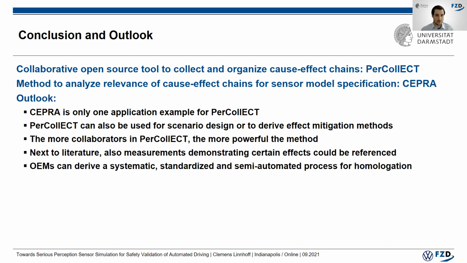PerCollECT can be used for a variety of different applications. For example, you can use it for scenario design to consider sensor effects early on in the virtual validation process. And you can also get away from the virtual world and use PerCollECT to derive effect mitigation methods for real-world systems. And of course, the more people collaborate on PerCollECT, the more powerful this tool will get.